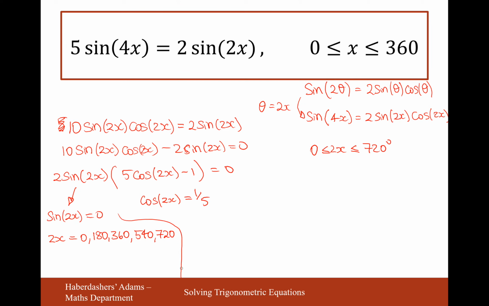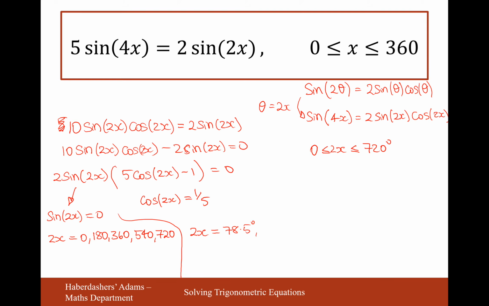I'm going to save the working out for x for last, and I'm going to do the cos 2x equals 1/5 now. So in this case it's going to be cos inverse of 1/5, and we're in degrees mode, so just check your calculators on that mode before you do anything else. So I'm going to have 2x is equal to 78.5 degrees.